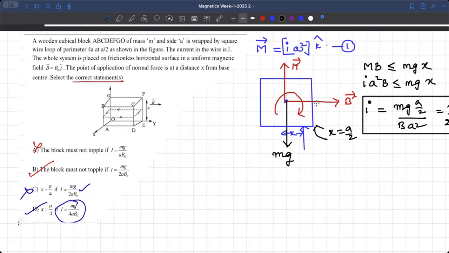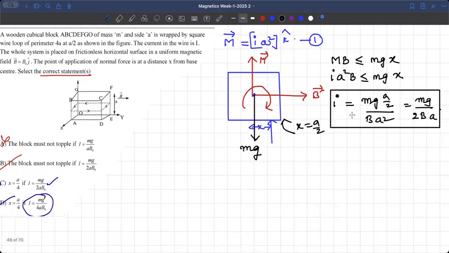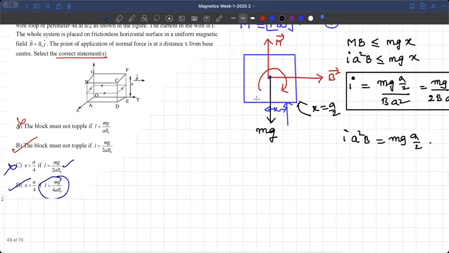Next, suppose x is equal to a by 4. In this case, I a square B is equal to mg times a by 4. If x is a by 4, obviously it is not toppling, but torques must be balanced.